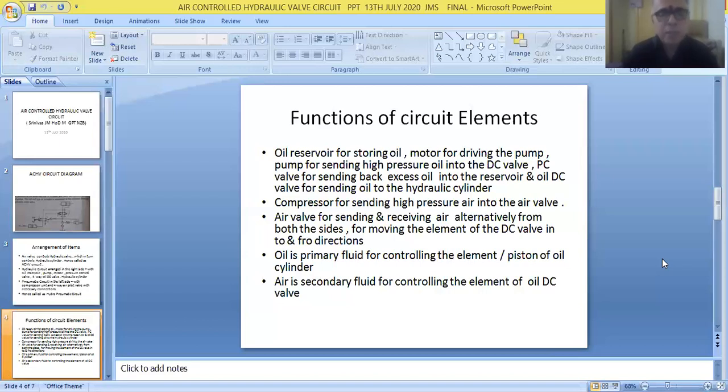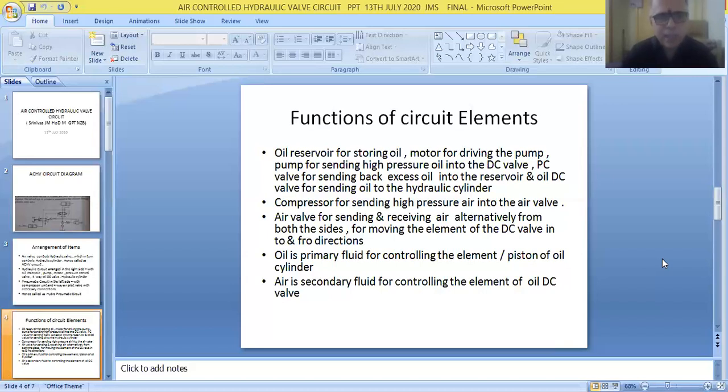And compressed air is used for moving the element of the DC valve to and fro. Therefore, this compressed air is referred to as the secondary fluid. Friends, any fluid used for operating the piston of the cylinder is called a primary fluid, and a fluid used for operating the element of the DC valve is called a secondary fluid. Oil is used for operating the piston of the hydraulic cylinder, so it is the primary fluid.